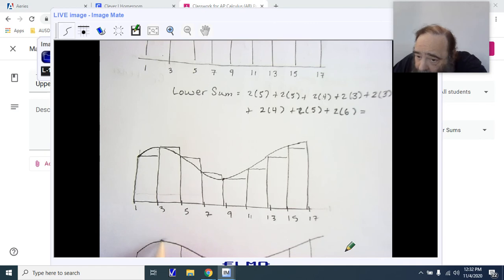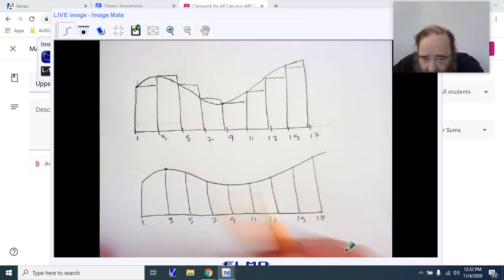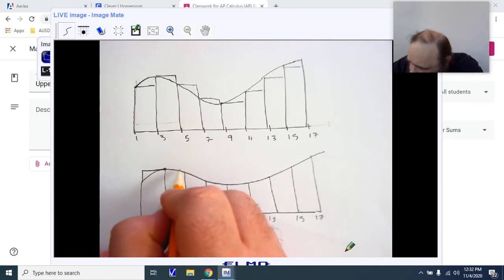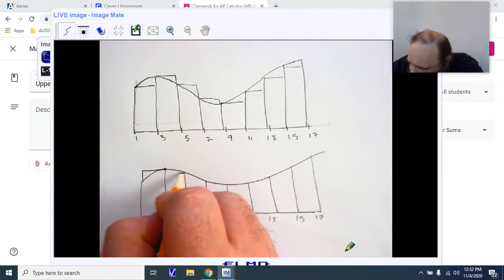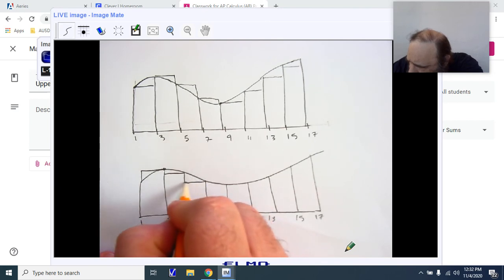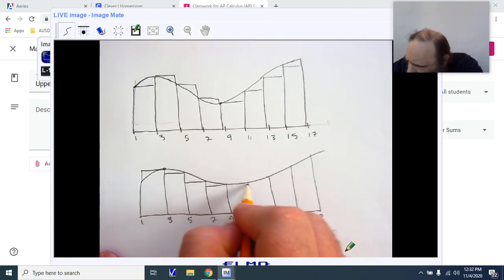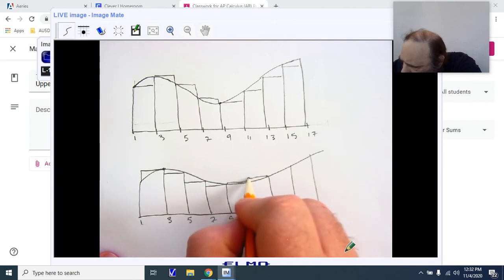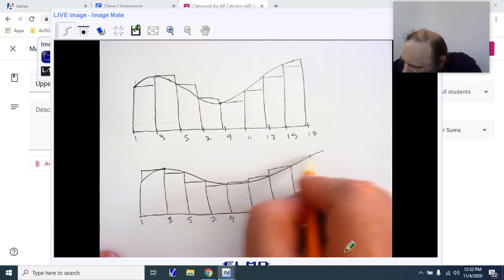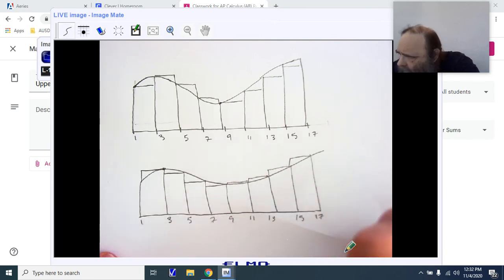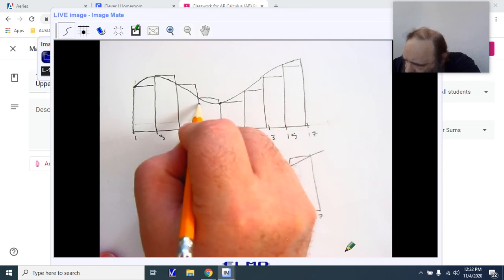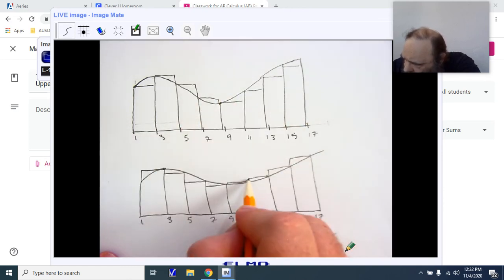And if I'm doing my right Riemann sum, the right Riemann sum is now working from the right side. Notice now that was over. This is now under, under, under. This is now over a little bit, and then over, over, and over. Okay. You can see that these would flip in position, under to over, which is what we've got going on here.